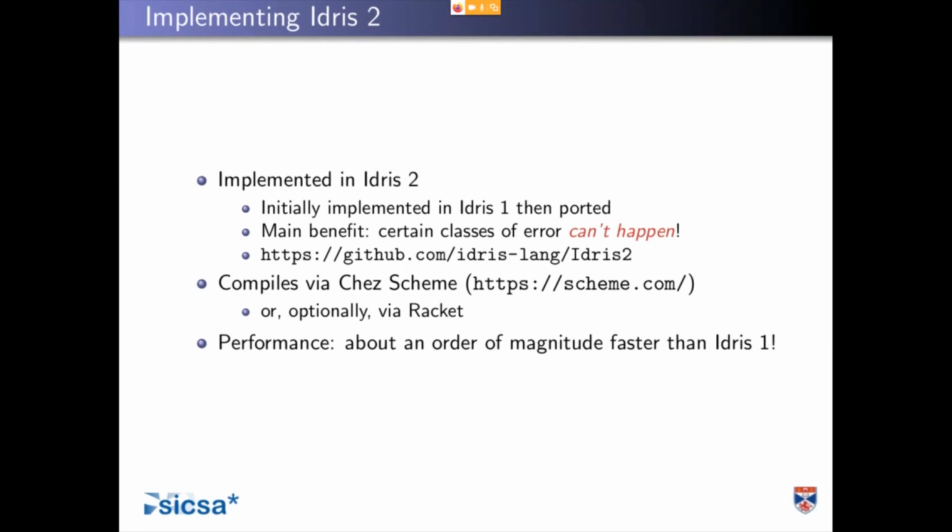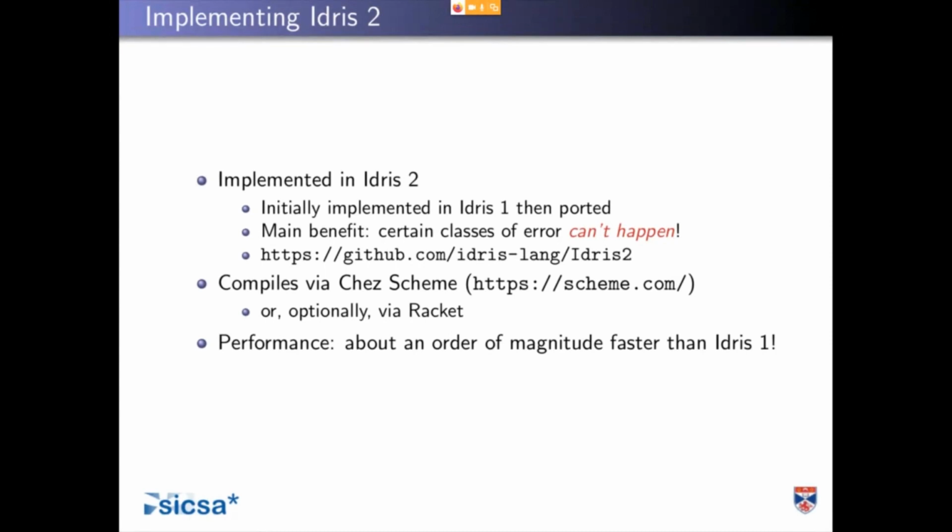I sort of tested building Idris 2 with Idris 1 versus building Idris 2 with itself, and it's actually more than an order of magnitude faster. It's more than 10 times faster. So it's no longer a problem if I need to change something in the guts of the system that everything depends on. I no longer have to go and make a coffee. So this has massively reduced my caffeine consumption.